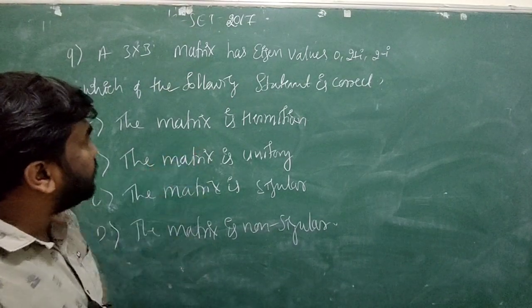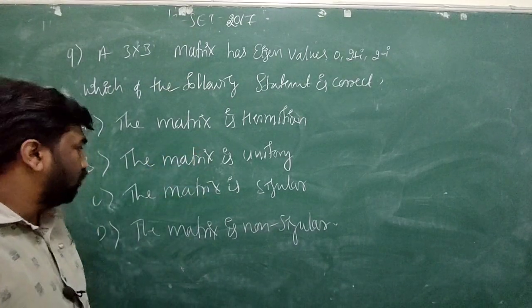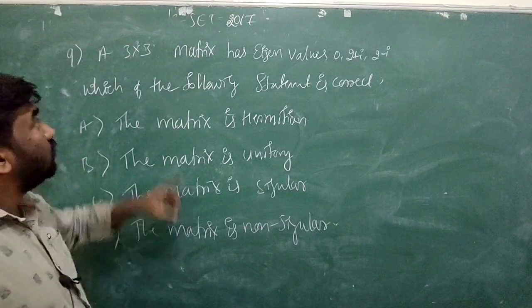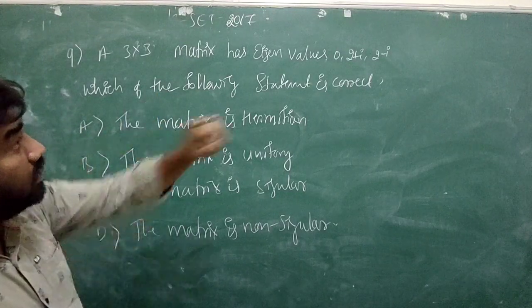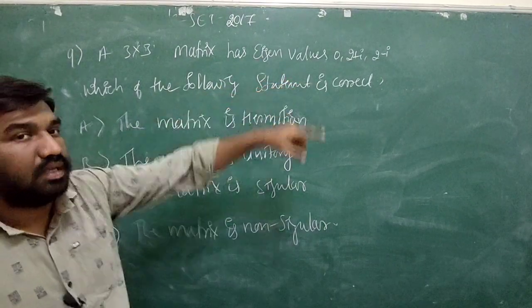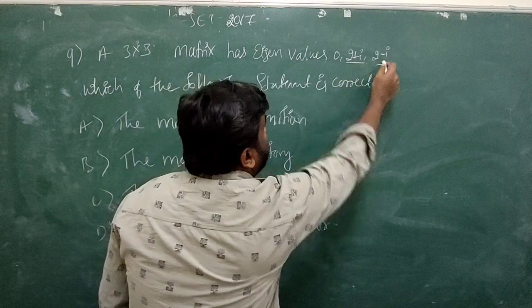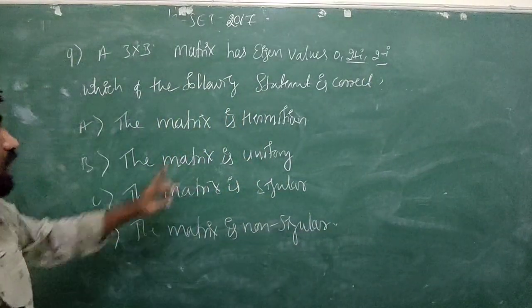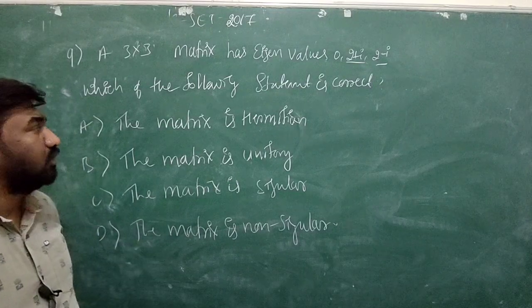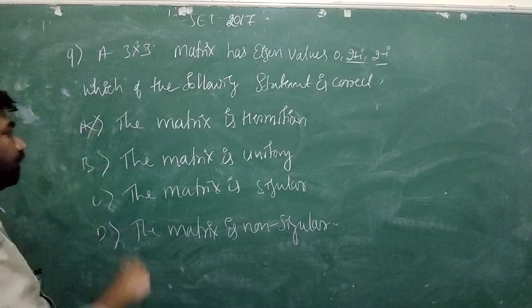The matrix is Hermitian, the matrix is unitary, the matrix is singular, the matrix is non-singular. So 0, 2 plus i, 2 minus i. So in the eigenvalues imaginary terms are there. See, these are all imaginary terms. So we know that for a Hermitian matrix, eigenvalues are real. So option A is not correct.